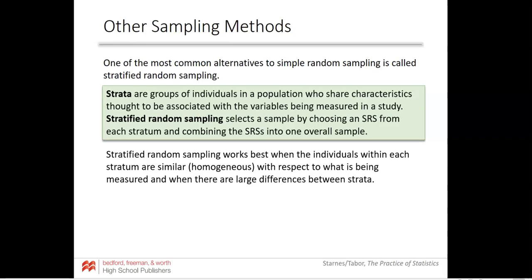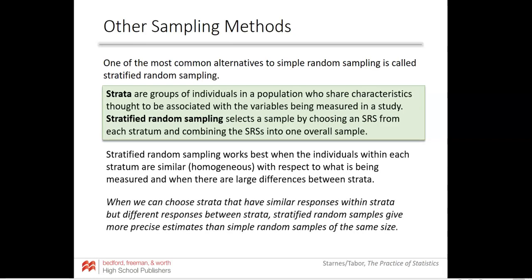So remember, with simple random sample, you can't do any kind of grouping first. You've got to just have a list of everybody. Everybody has an equal chance of being selected. Here, it's a little different, right? If we had 60% guys and 40% girls, and we did a stratified by gender, then you would probably select 60% of the sample as guys and 40% of the sample as girls, because you would select proportional amounts typically when you do that.